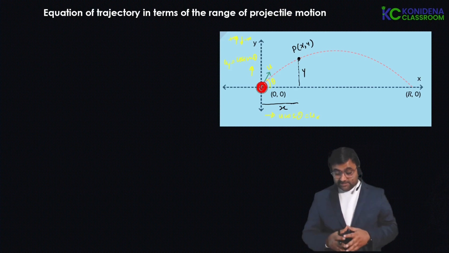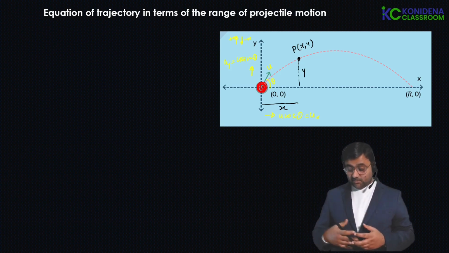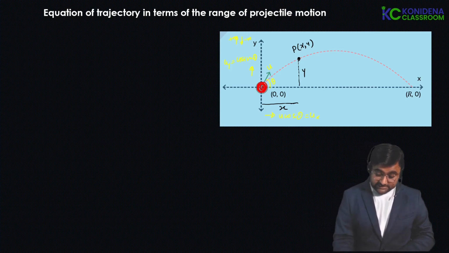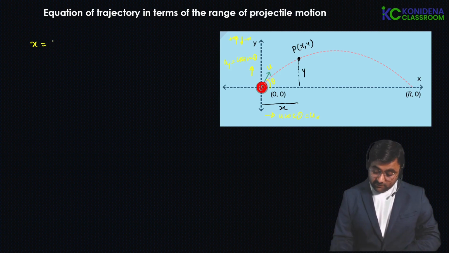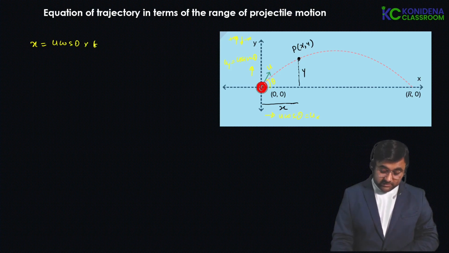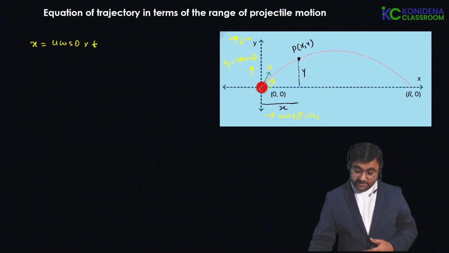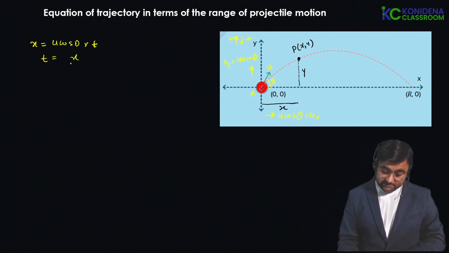So now let us see what is happening here. If you talk about how much time the object is taking to travel x, x is equal to the velocity responsible for x, which is u cos theta, times time. So the time taken by the projectile to go from this point A to point P is just x by u cos theta.